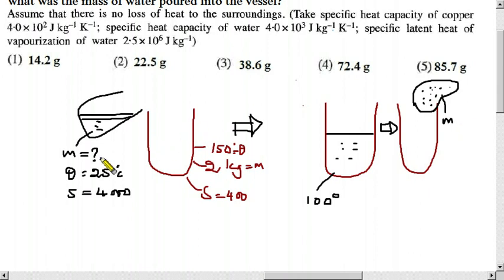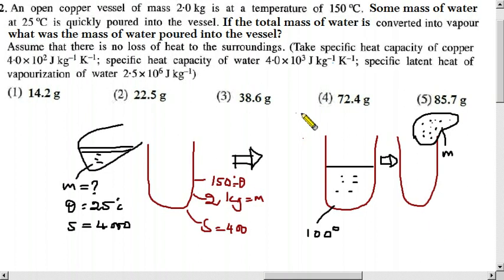So let us assume this symbol m. So this m is taken for the total amount of water. Because they say that the total amount of water is vaporized, there is no water in this vessel now. All the water appears as vapor. So the total mass is taken as m, so that m is here 2.